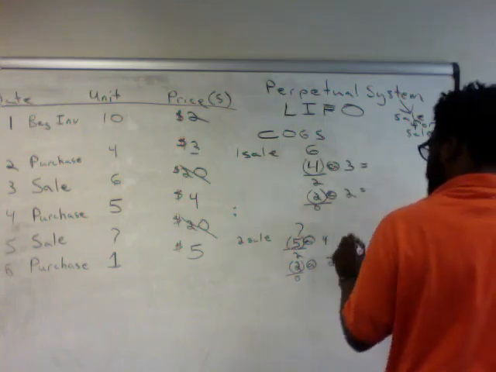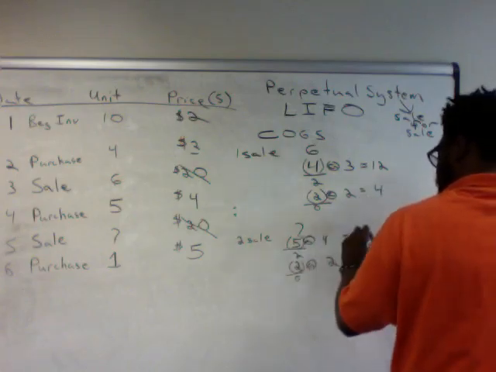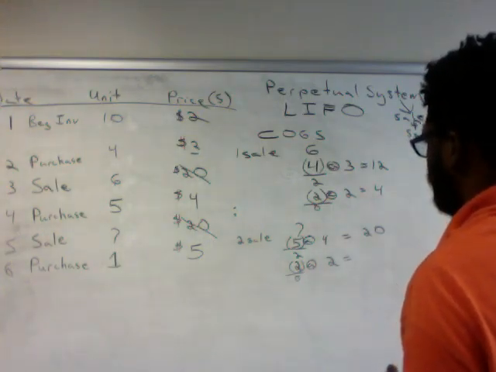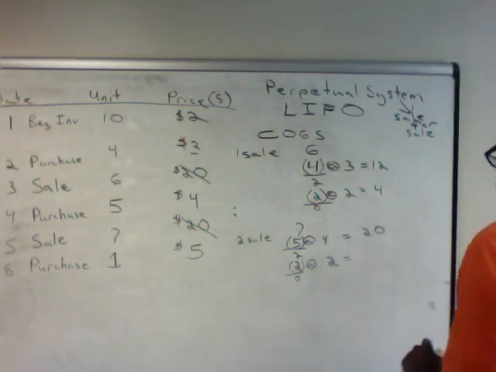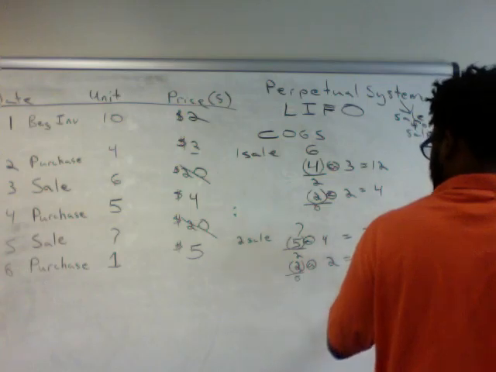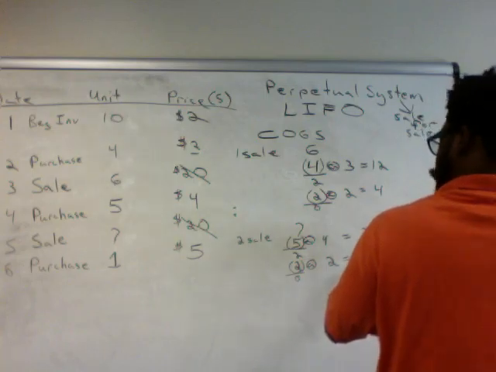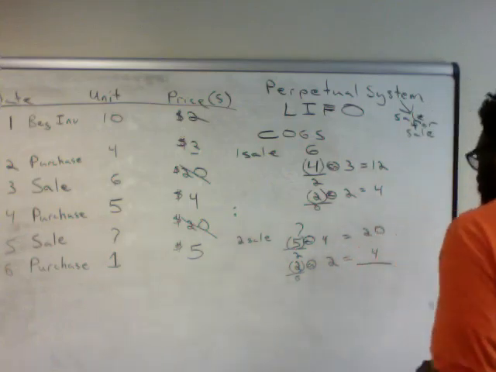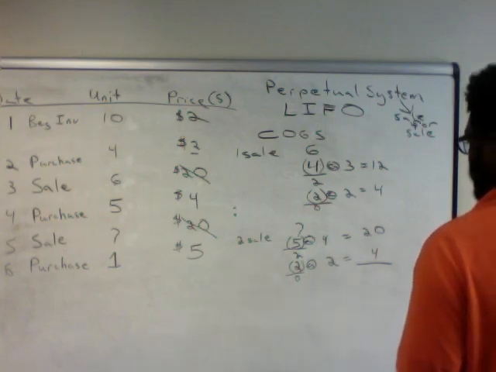So now we can calculate our total cost of goods sold, multiplying these numbers out and adding them up.